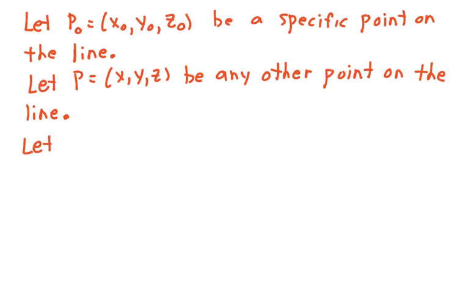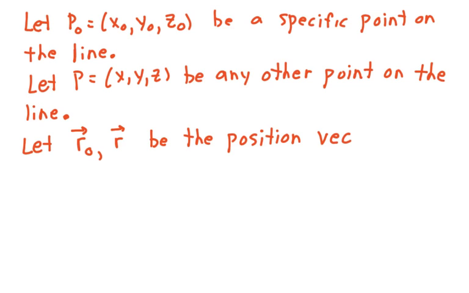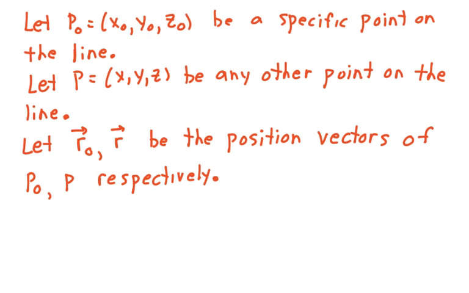Let r naught and r, so these are vectors, be the position vectors of P naught and P respectively. And what I mean by position vectors is that the initial point is at the origin.